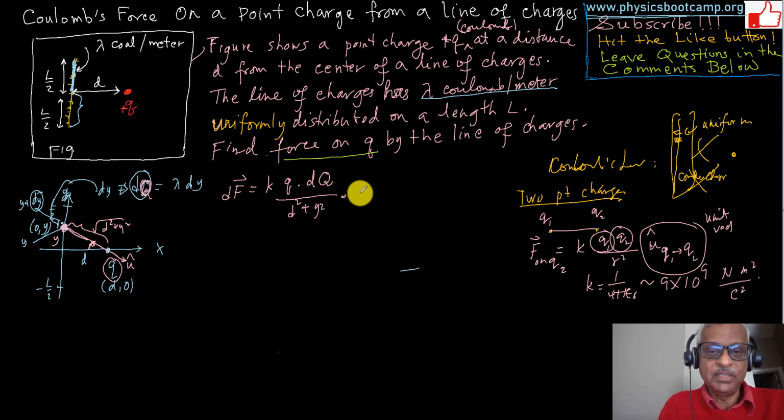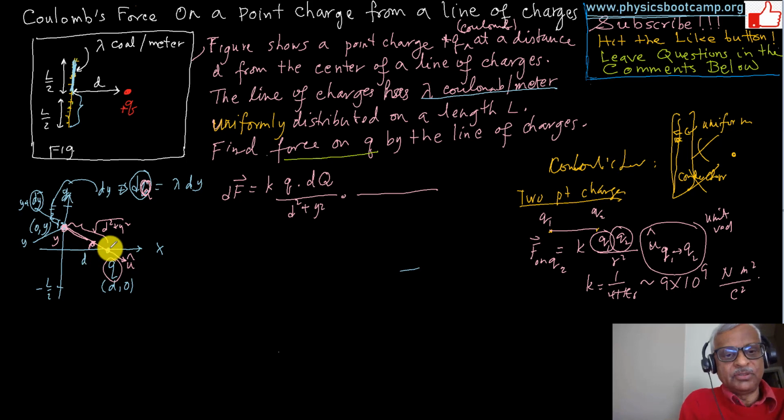And then we need a unit vector. So the unit vector in that direction, you can see that it's going to be d i hat, d minus 0. So this is the q1 to q2 vector.